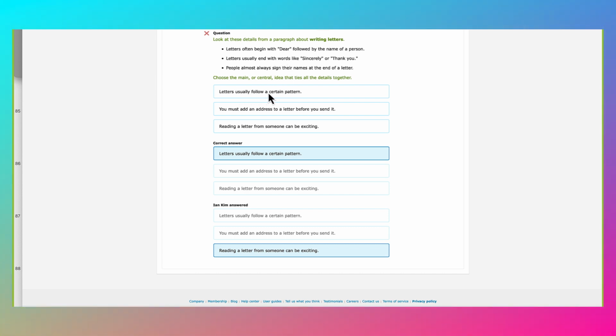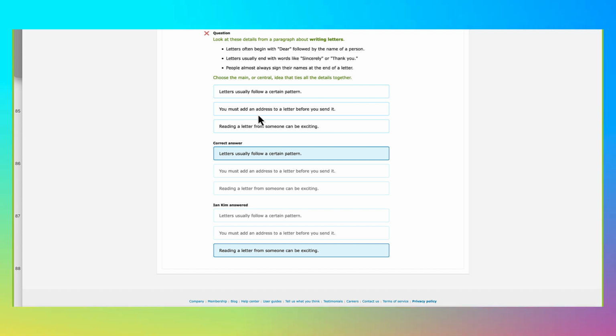So letters usually follow a certain pattern. Okay, let's keep that for now because it said often, usually, right? Often, usually, almost always. These are the adverbs that describe the most common conditions in which letters are written. So letters usually follow a certain pattern. Okay, that seems like a plausible answer.